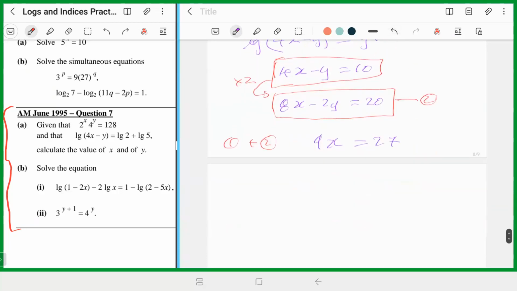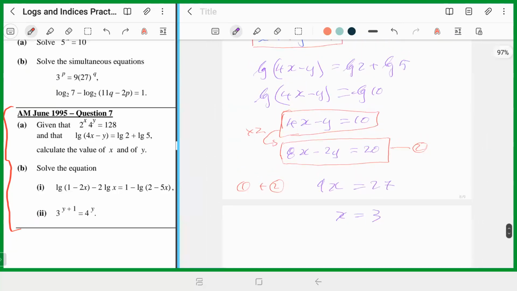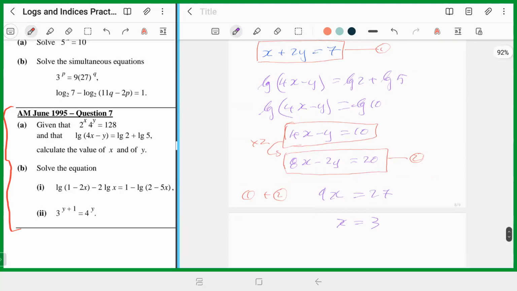So clearly, x is equal to 3. And if x is equal to 3, we can substitute x equals 3 right here. We're going to get 3 plus 2y equals 7.